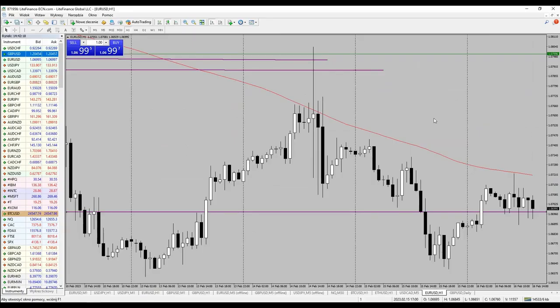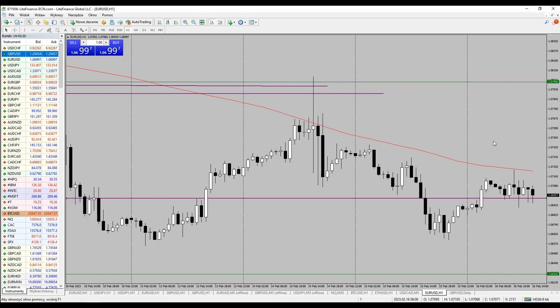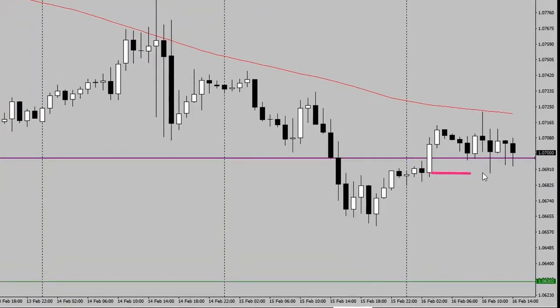Again, let's switch lower. First things first, we retested and broke and quickly reversed the move. Very quickly reversed the move, all right? So in that case, we are looking for a possible trade based on this upside break.